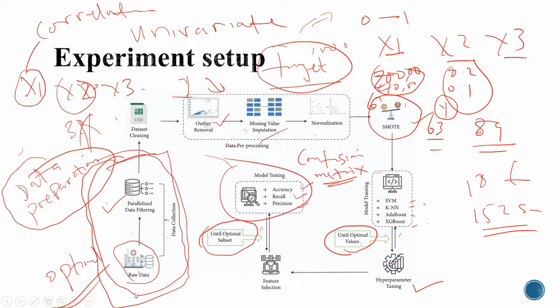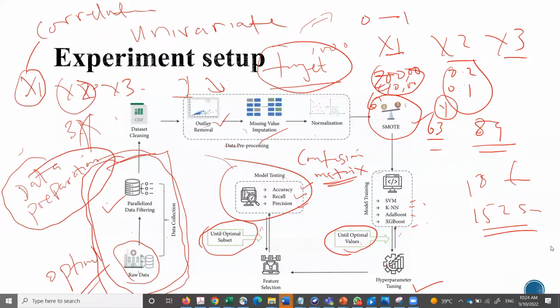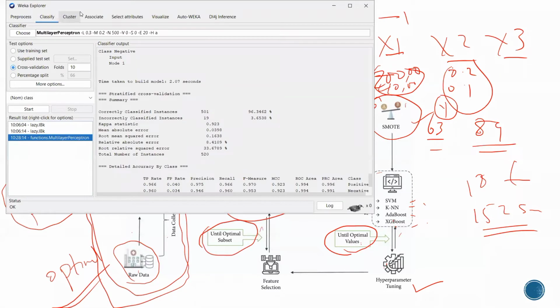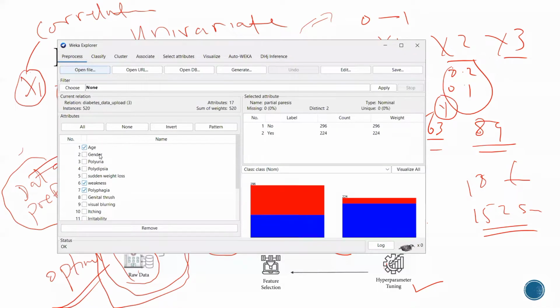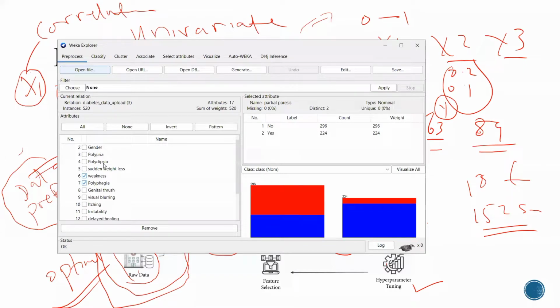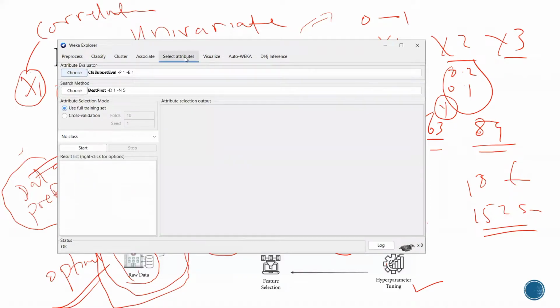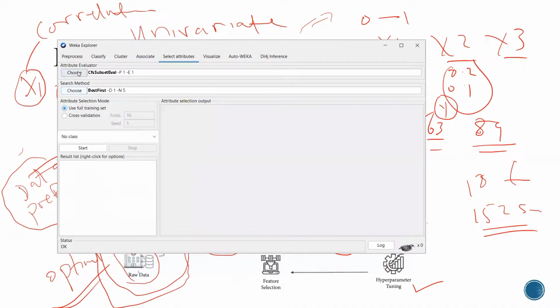So you go to your Weka here. I believe you guys can see my Weka here. You can see this is select attributes. I already input our friend's data, our data to predict diabetes without medical tests, just by questionnaire. So you go to select attributes here. You have different methods you can select from.